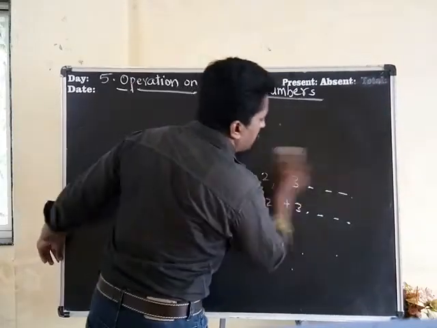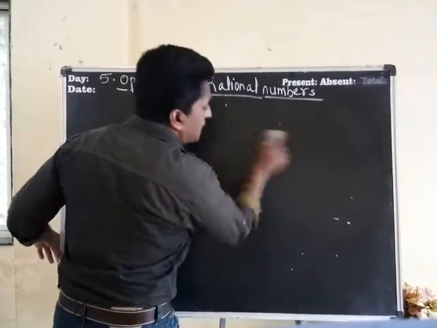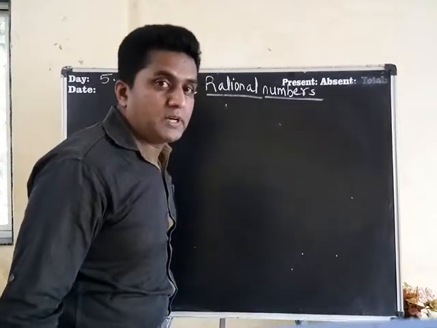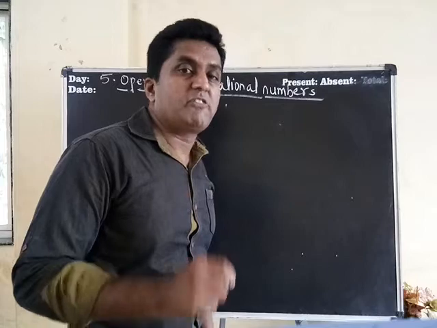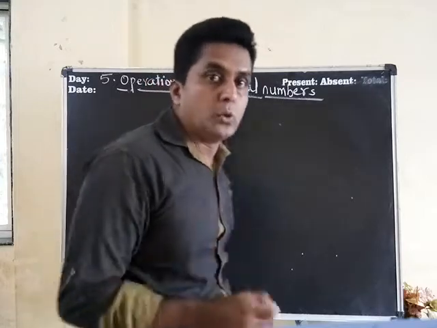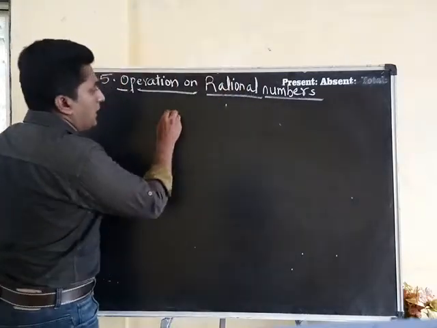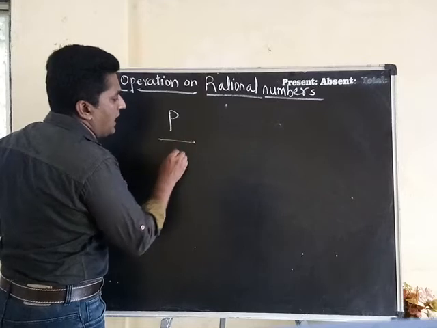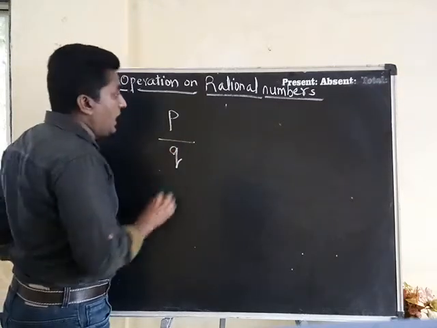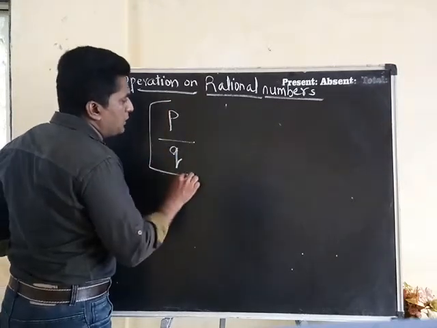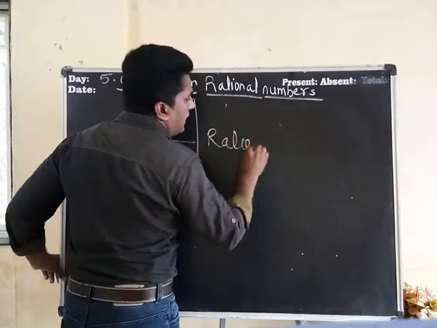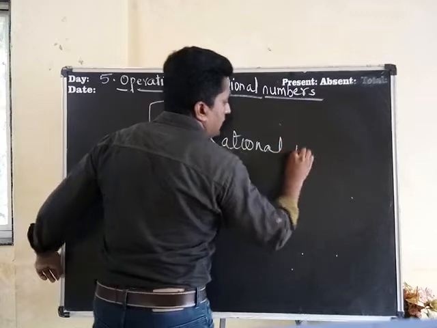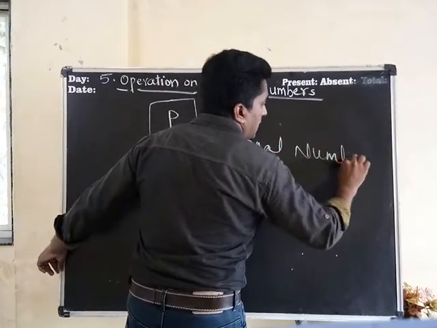So just see exactly what it is. Rational numbers means what? Normally rational numbers are written in the form of P upon Q. This is P and this is Q, and this P upon Q is called a rational number.